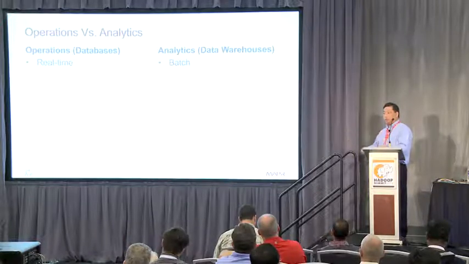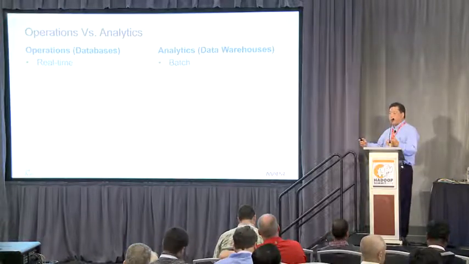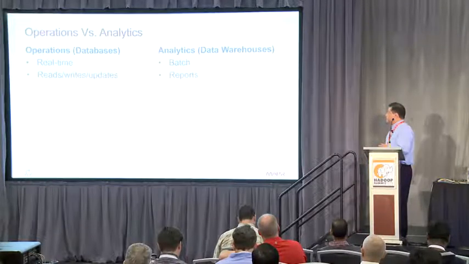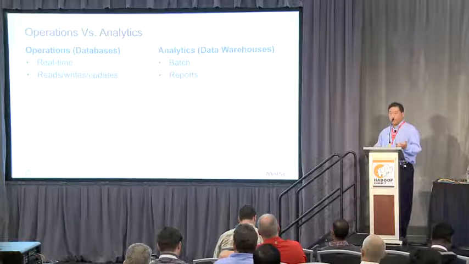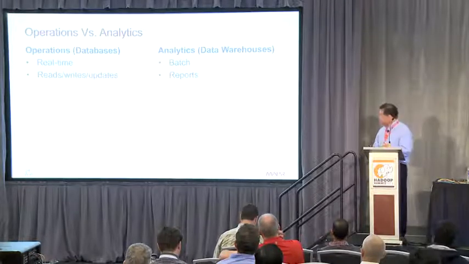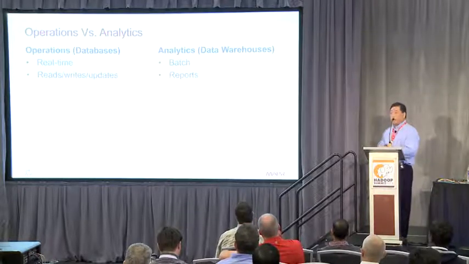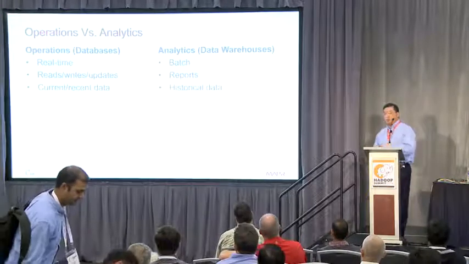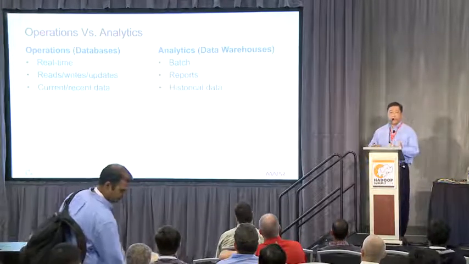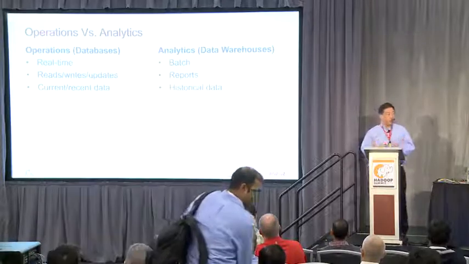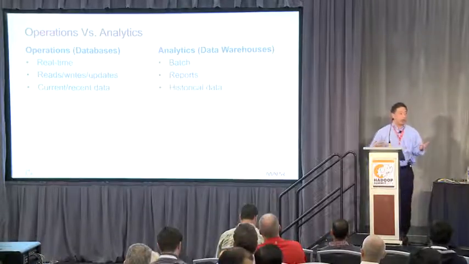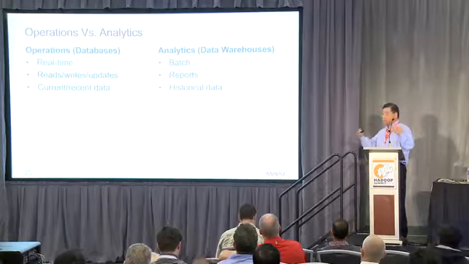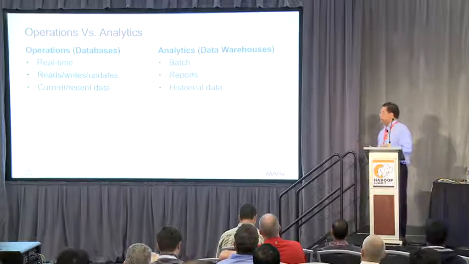Send off a job, a week later you get some results, and those are very good results, and that works for you. Operations also deal with immediate read-writes and updates, whereas analytics are more about reporting. Operations are also about recent data, whereas analytics generally extends to longer tail data, historical data, this broad range of data that results in this big volume that you want to run the batch analytics on.